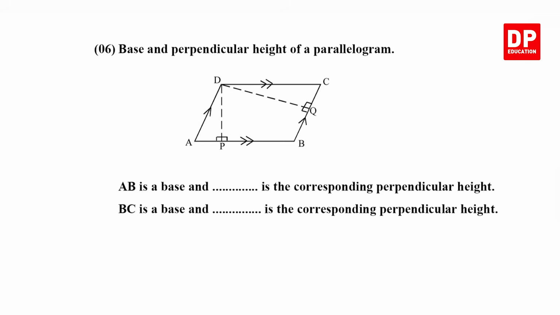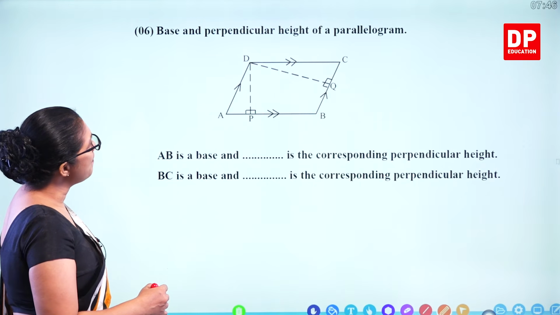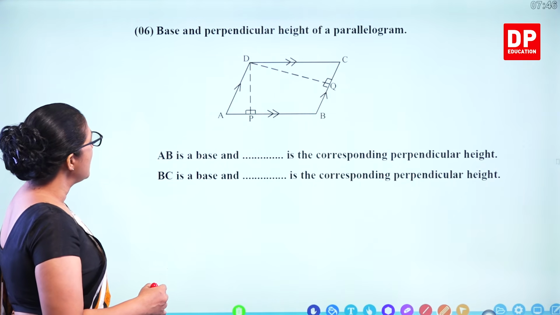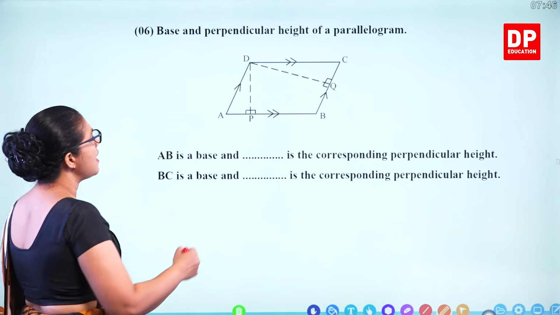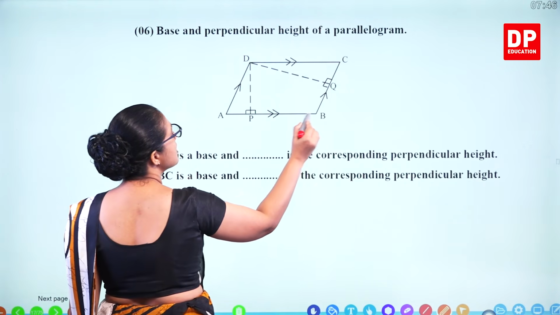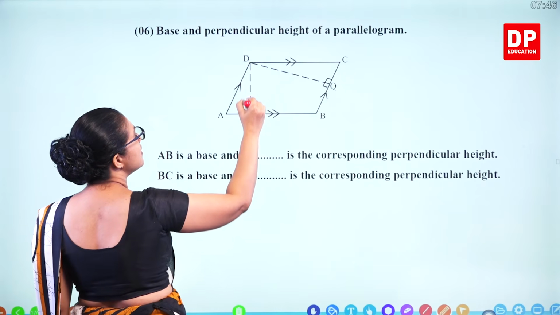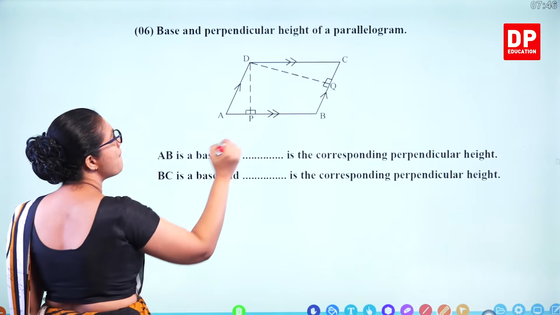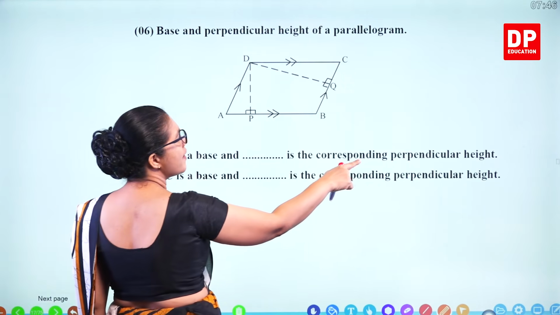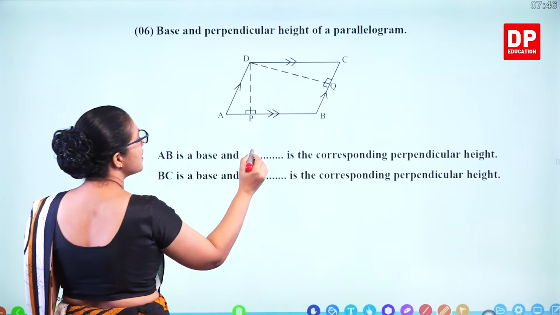Look at this diagram, base and perpendicular height of a parallelogram. Now look at parallelogram ABCD. AB is the base. If this is the base, what's the perpendicular height? This is the perpendicular height. PD is the corresponding perpendicular height.